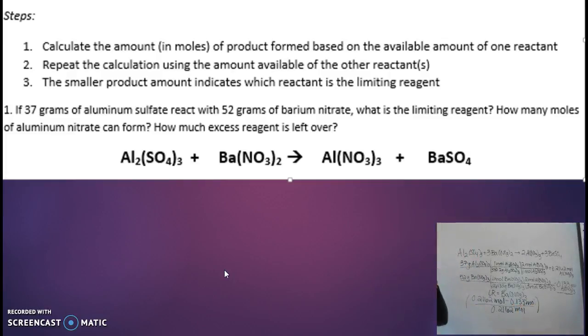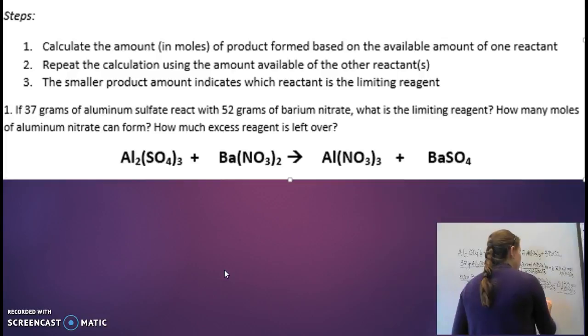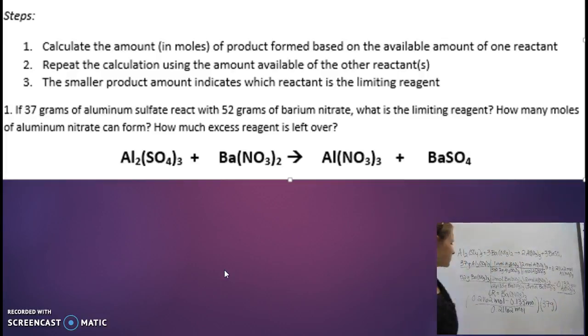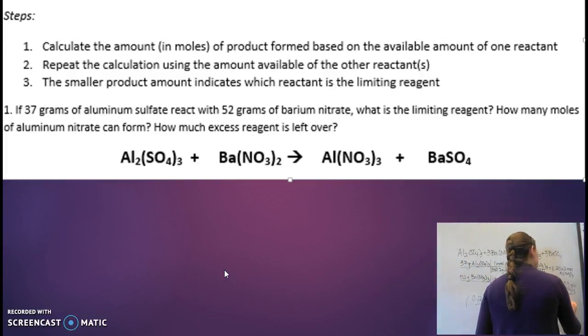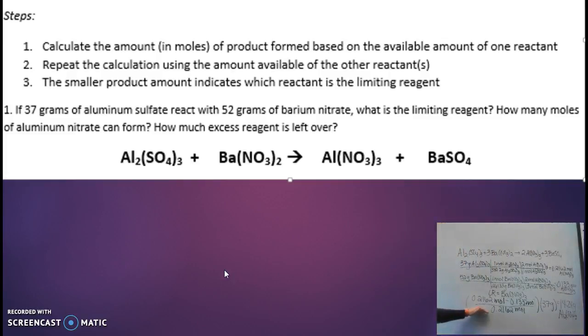This is going to essentially give us like a fraction of what we could have made that would tell us how much is left over, because we're subtracting out how much we could make. So once we subtract this out, we're going to get the leftover amount divided by here, so we almost get a ratio of what's left over to what we could have made in theory. If we multiply that by what we started with here, the 37 grams, we're going to go ahead and figure out how much is left over. So when you multiply that out, it's going to be 14.24 grams, and then that's of aluminum sulfate. Okay. There's two ways of doing this part of the calculations here. Either you can work on a whole other bridge going backwards, or you can kind of use this ratio idea.